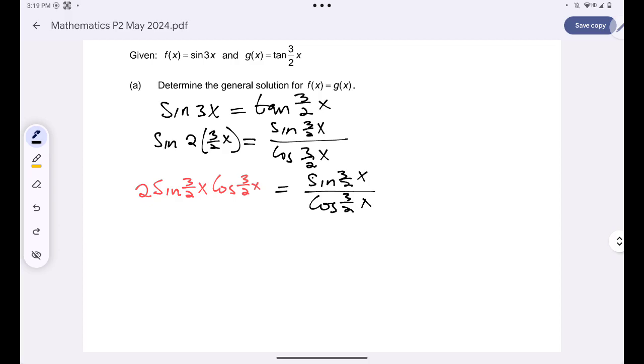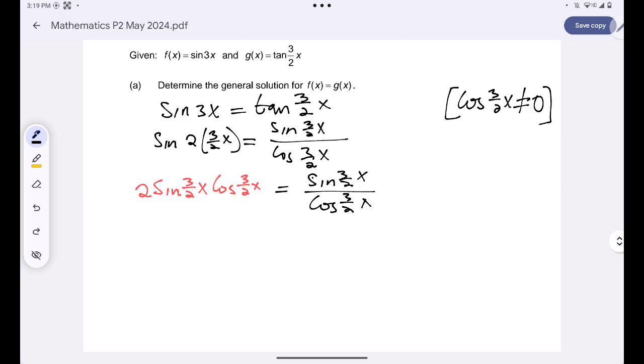Whenever I'm solving an equation and I have a denominator, please note that there must be a restriction. Cos 3 over 2x cannot be equal to 0, because when it's equal to 0, it will make the right hand side undefined, and the entire equation will be undefined as well.